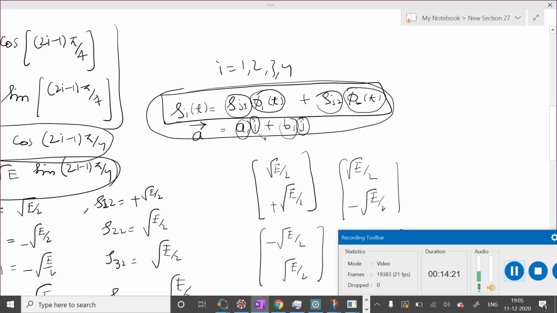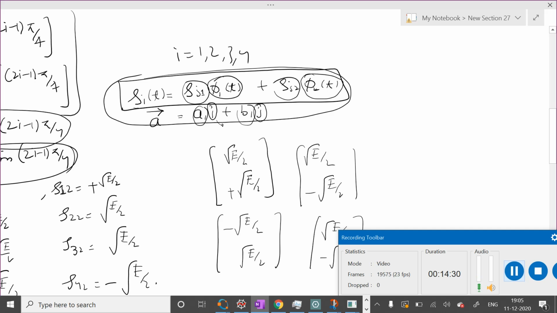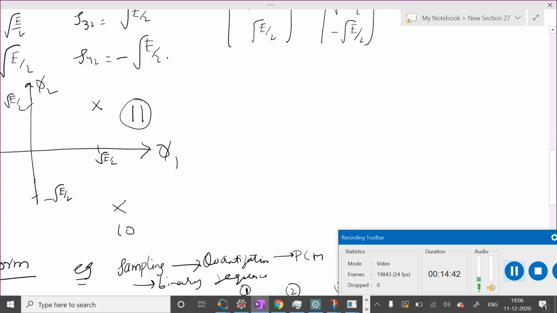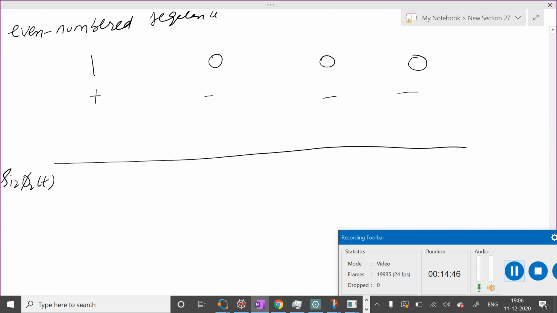Si of t is Si1 phi1 of t plus Si2 phi2 of t, where Si1 is root E cos and Si2 is minus root E sine term, and the first term is modulated by phi1 of t, the second by phi2 of t. So the second part will be used to transmit even numbered bits. That is what I mean. Now since it is sine, it will start from 0, so like this.